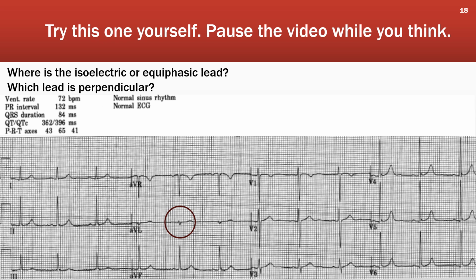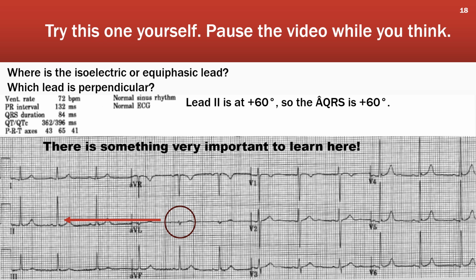Playing our tic-tac-toe game, lead 2 is perpendicular to lead AVL. So lead 2 is at plus 60 degrees, which makes the mean QRS axis in the frontal plane approximately plus 60 degrees. And the printout says that it's plus 65 degrees. So once again, we got very, very close when we only really needed to be in the same quadrant.